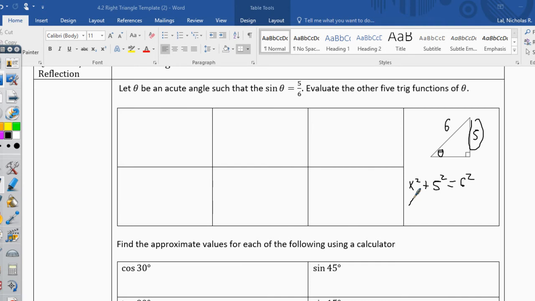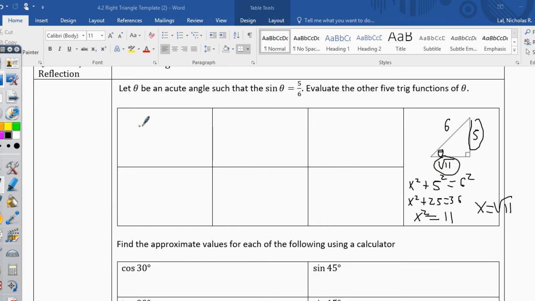So x squared plus 25 equals 36. X squared is equal to 11. And x is equal to the square root of 11. So you have the square root of 11 right here.